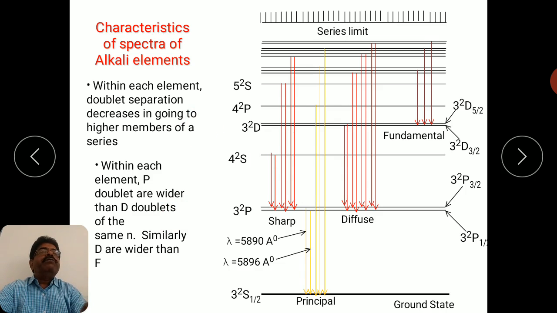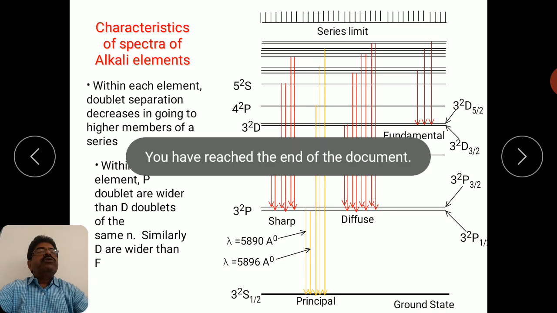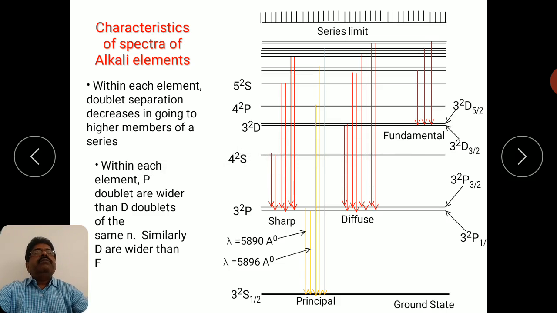You can notice the difference. The reason is that as the L value increases, the term separation is inversely proportional to L, therefore it decreases with the increase in L. So those are the main characteristics of the spectra of alkali elements.